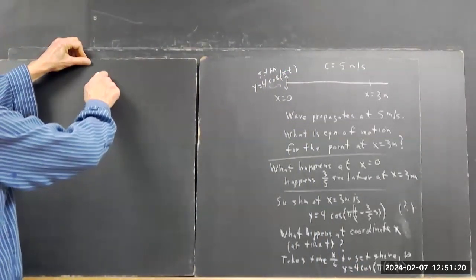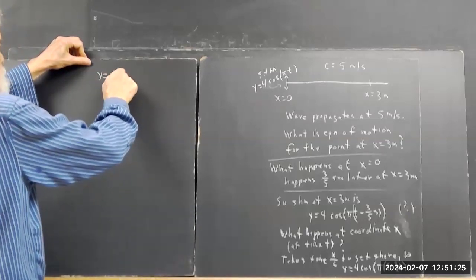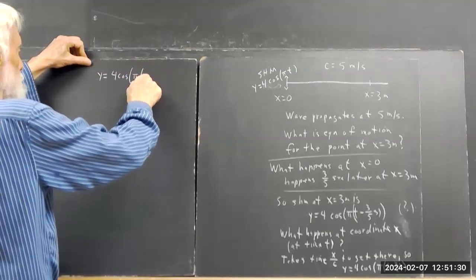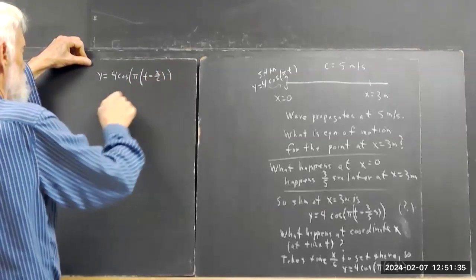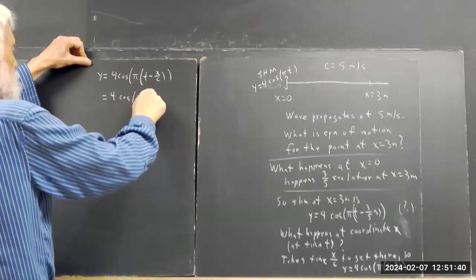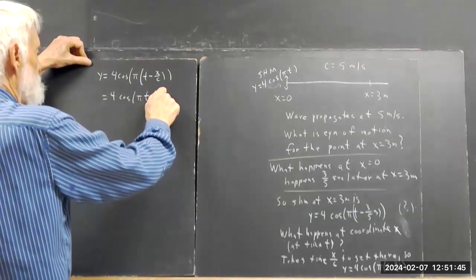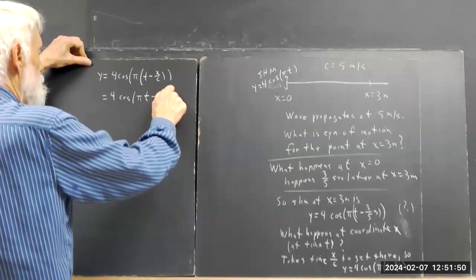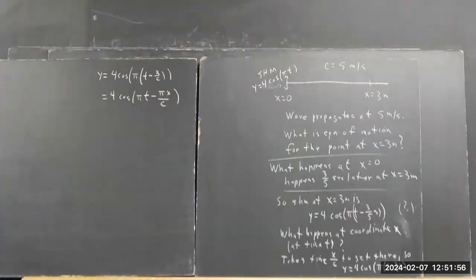Okay, so we've got this, which we can of course write as 4 times the cosine of pi t minus pi x over c.